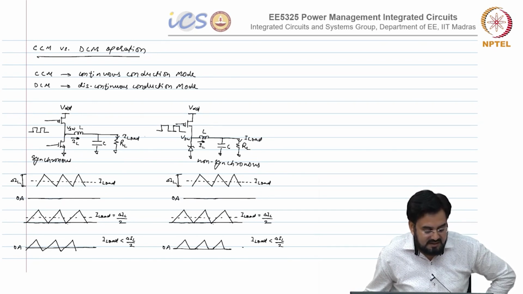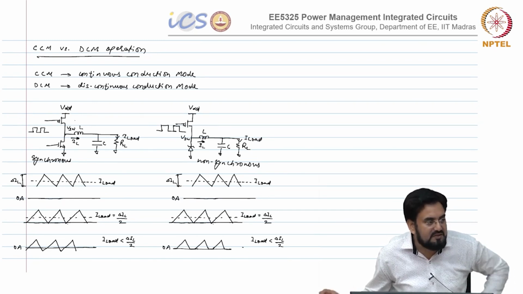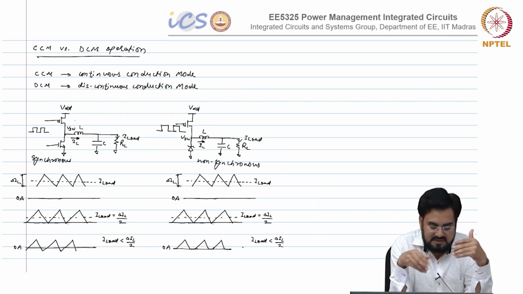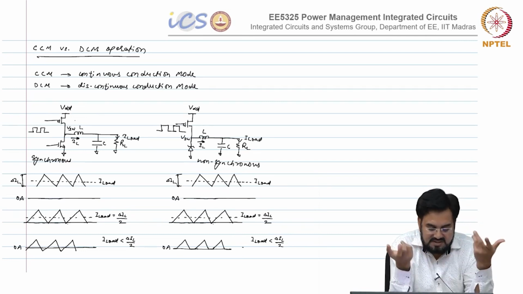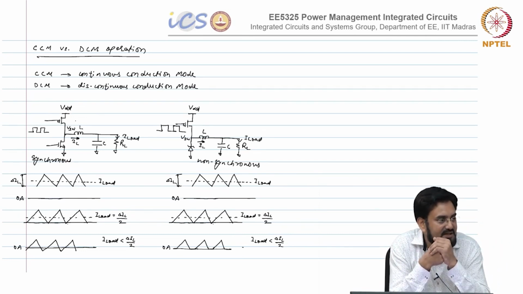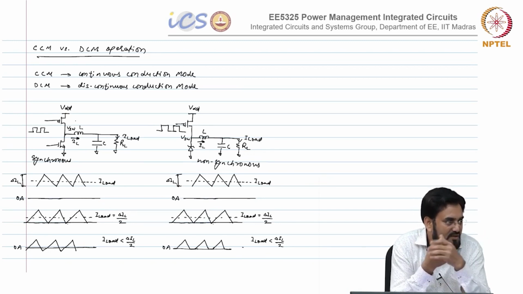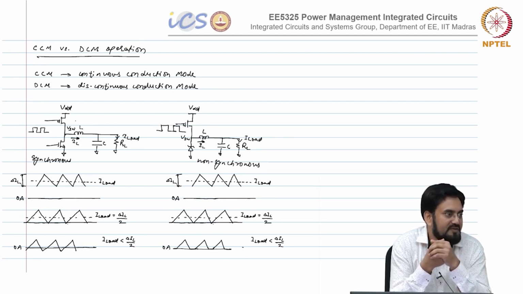Other thing is that if it is a noise sensitive application, you care about the noise band, the frequency band. So let's say in CCM you fix the frequency at 1 megahertz. In PFM it may enter a few hundreds of kilohertz or even tens of kilohertz, and especially for audio application you don't allow any ripple below 20 kilohertz, because that is the audible tone. So that may interfere with your audio frequency.